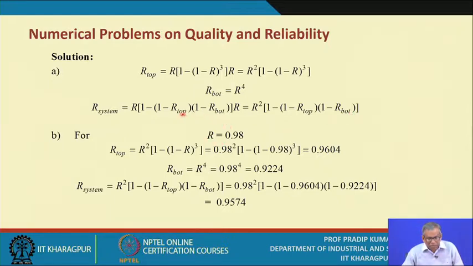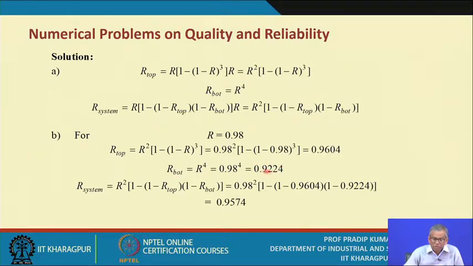So ultimately, when you assume that the value of R, the reliability, is the same for all the components, and this value is assumed to be 0.98, considered to be very high, then you can compute the reliability for the top system and for the bottom system. It is 0.9604 and this is 0.9224. Obviously, what could be the possible reason that the bottom system has lesser reliability?